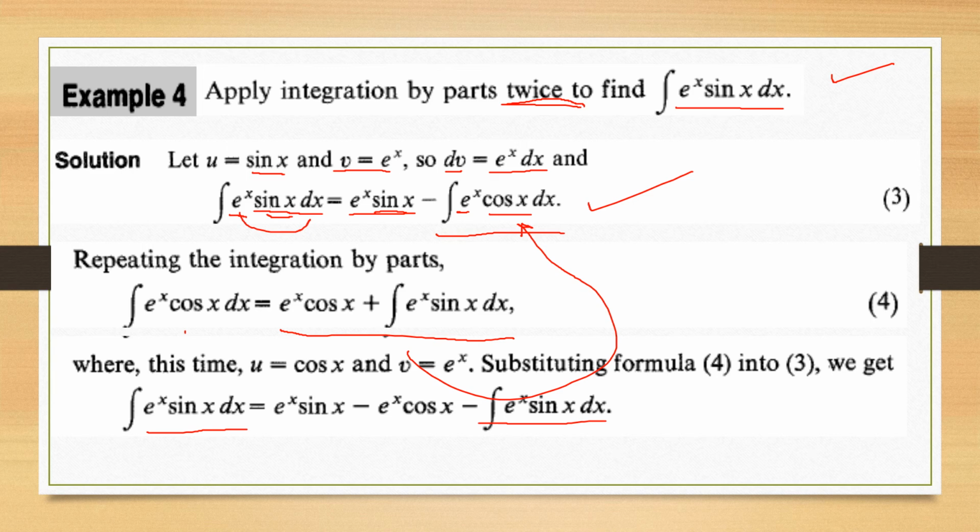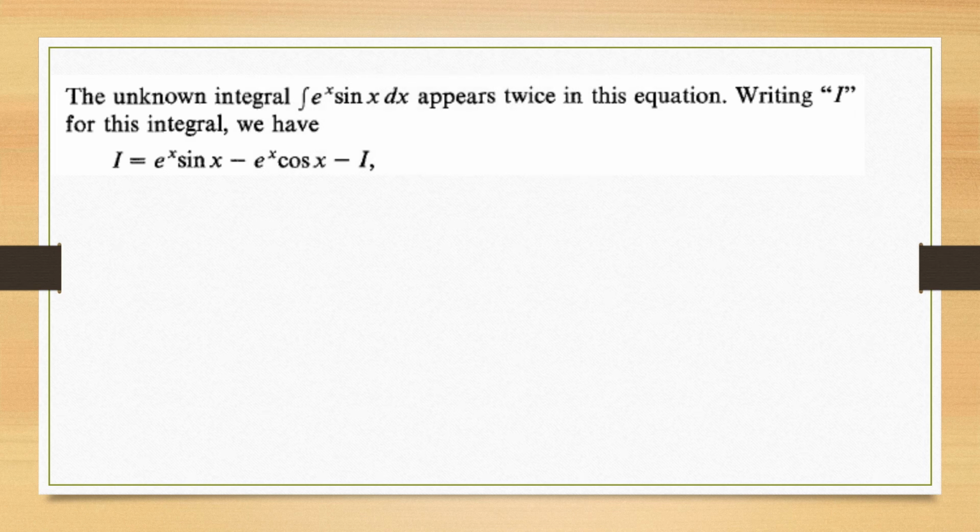Now we will shift this term to the left side and we will find the solution easily. The unknown integral which we have to evaluate is this. This appears twice in the equation, on the left hand side and also on the right hand side.